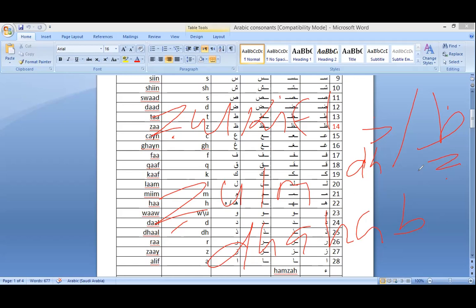It's Dhu and Da. Yes. Zulkifli, Dhulm, and then Dahab. That's right, Aliyah. Next. I can go. Yes. It's Dha and Dha. So Dhul Kifli and Dhahab. That's right.